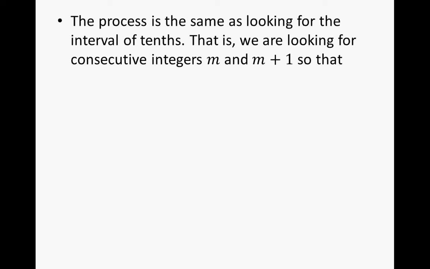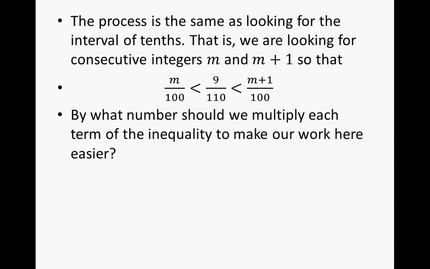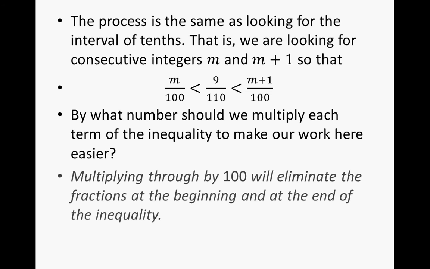That is, we are looking for consecutive integers m and m plus 1, so that m over 100 is less than 9/110ths, which is less than m plus 1 over 100. So by what number should we multiply each term of the inequality to make our work here easier? Well, we would multiply by 100, because that will eliminate the fractions at the beginning and the end of the inequality.